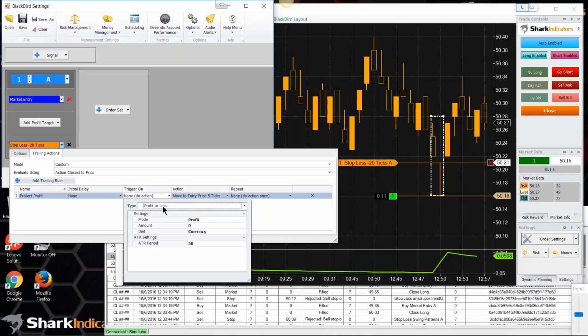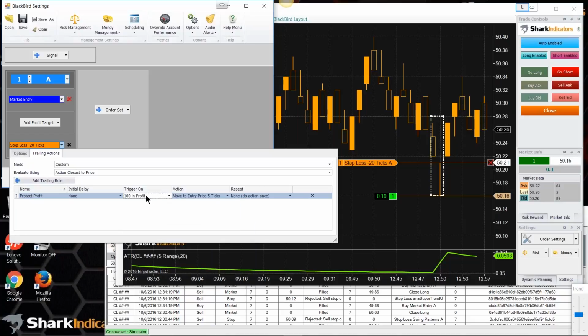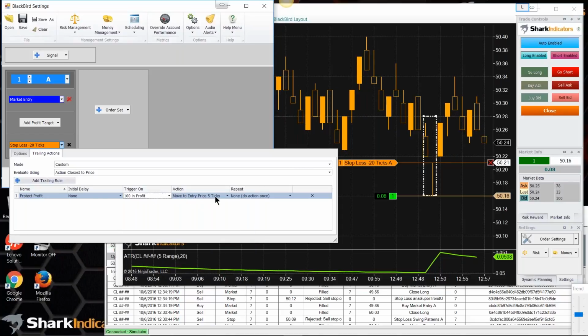This profit or loss trigger is doing the same thing as the initial delay, but in this case you can actually put in a dollar amount, so you could say after $10 in profit, whatever, or after $100 in profit, then move to break even plus 5 ticks, something like that. So there's a couple of options there for you.